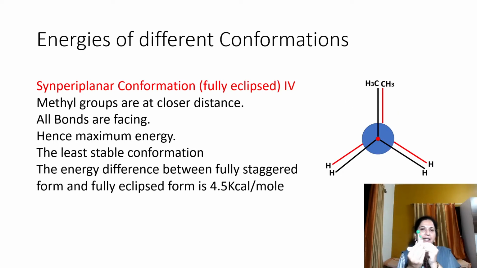If we consider the energy of the fully eclipsed conformation, meaning syn-periplanar, you can see that the two methyl groups are at a closer distance and all bonds are facing each other. So this conformation will have maximum energy, and it is the least stable conformation. The energy difference between fully staggered and fully eclipsed form is 4.5 kilocalories per mole.